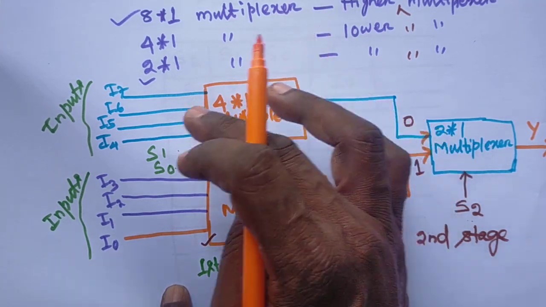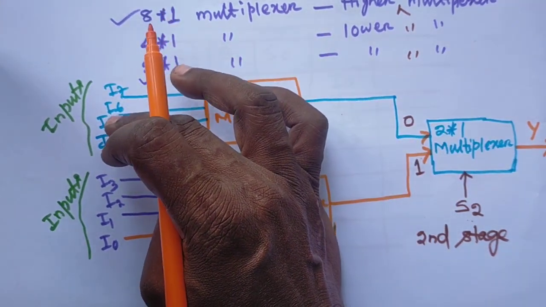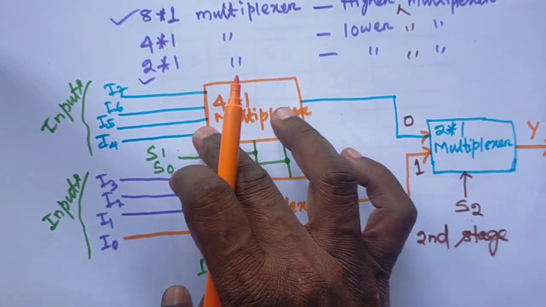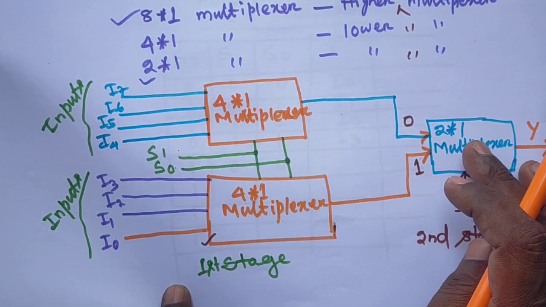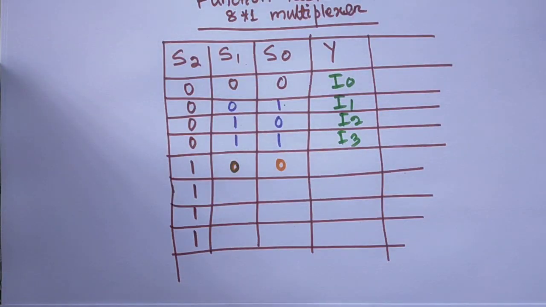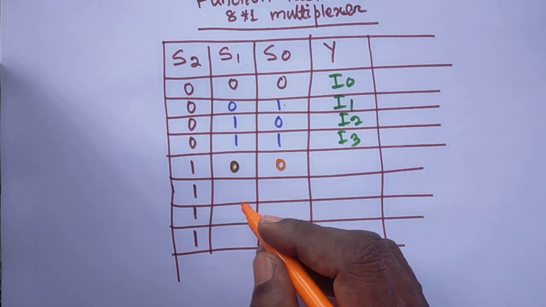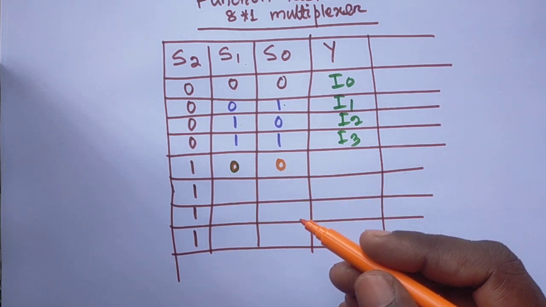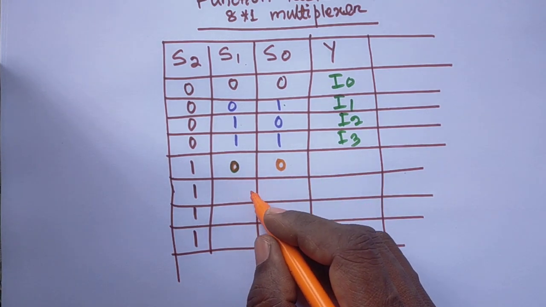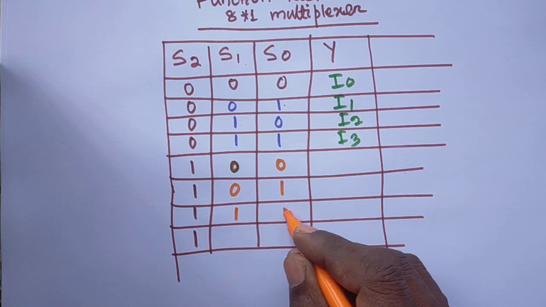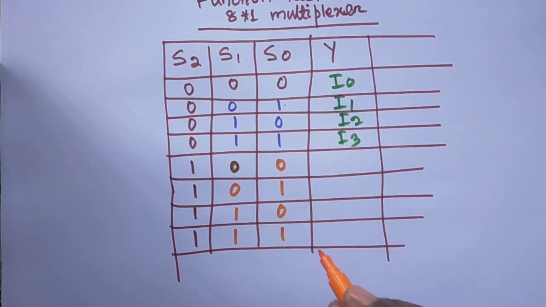If it activates, then I4, I5, I6, I7 are the inputs to this particular multiplexer. This will be considered as the output to the particular 2-1 multiplexer, like this. If it is 1, then automatically we consider 0 0, 0 1, 1 0, 1 1.